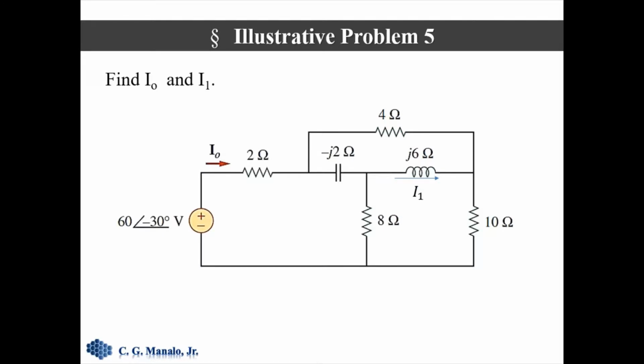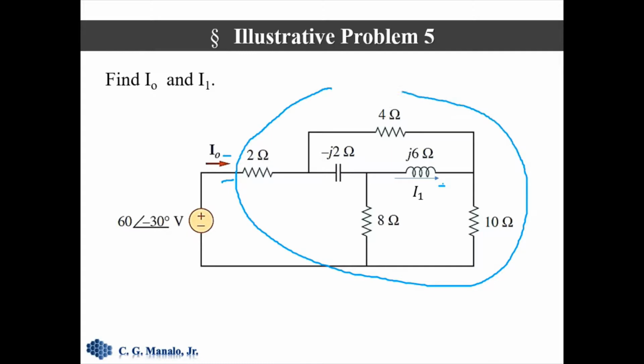In this example, we're asked to determine the current coming out of the source, I sub 0, and this current I sub 1. Now to get current I sub 0, what we could do is simply get the equivalent impedance of this.